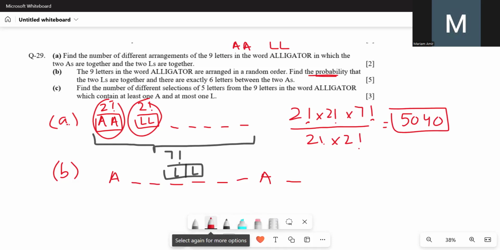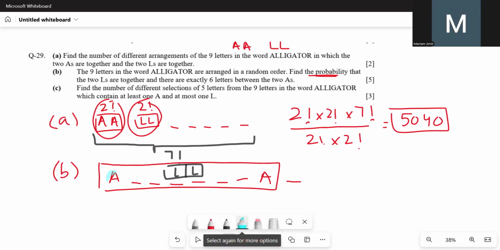Okay, so now let's group this as 1 because A needs to have 6 alphabets inside and the two L's are also together inside. Okay, first I'm going to write the arrangements for this A and A. That's going to be 2 factorial because these are two A's. They have 2 available spots, so 2 factorial.